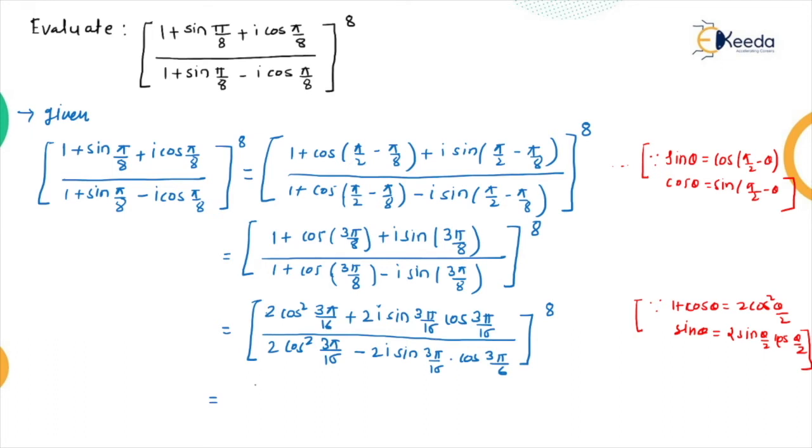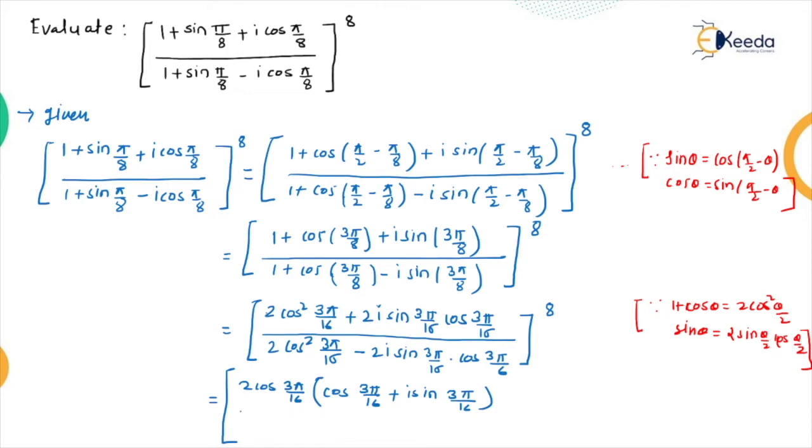So what we'll get here: in the numerator, 2 cos 3 pi by 16 is common. In the bracket we get cos of 3 pi divided by 16 plus i into sine of 3 pi divided by 16.